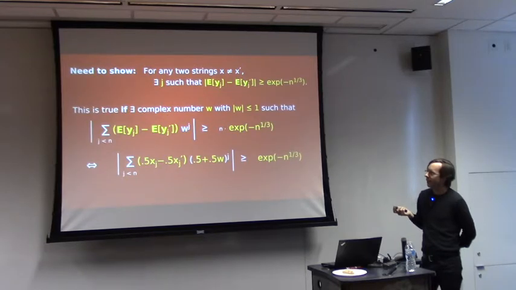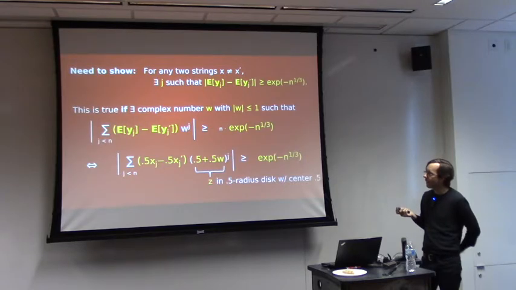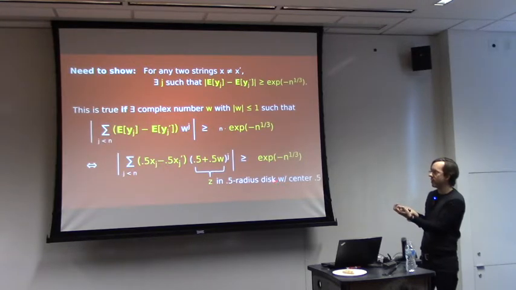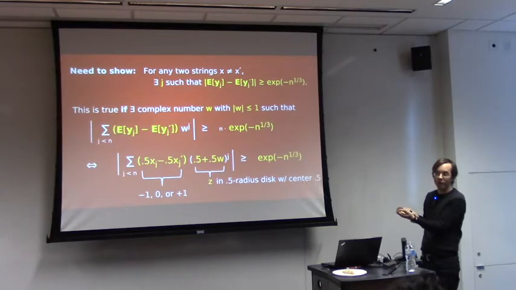And now it looks like a miracle has occurred, because take a look: w is some complex number of magnitude at most 1. So 0.5 plus 0.5w, if we call it z, is an arbitrary point in the 0.5 radius disk centered at 0.5. And these quantities here, a half of xj minus a half of xj prime, are all minus 1, 0, or 1. And the fact that x and x prime are distinct corresponds to the fact that not all of these are 0. So this is exactly the problem we were studying.